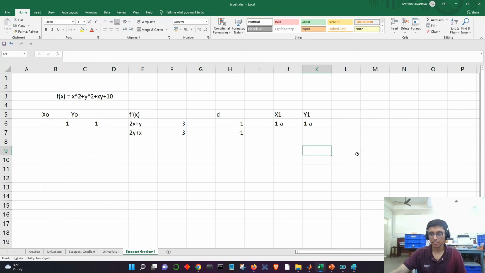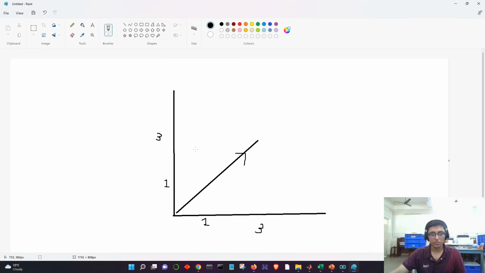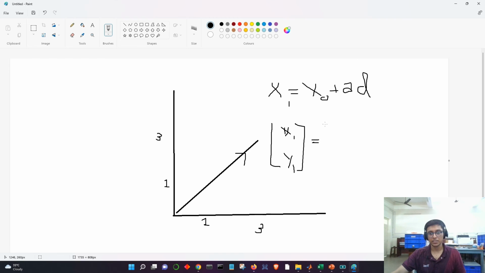It is clear. Sir, how that x1? Yeah, so x1 was nothing but x1 is equal to x naught plus alpha into d, right? So let's say it is x1 and y1, and this was our 1 and 1, and we have decided the direction along which this is going to move.